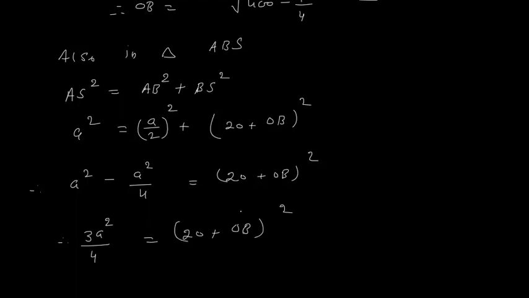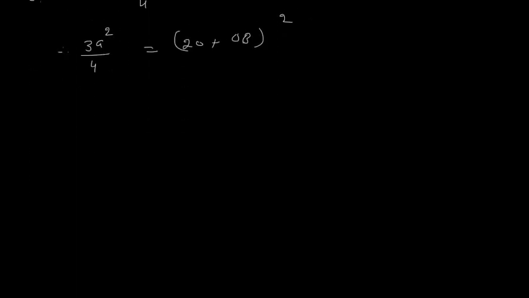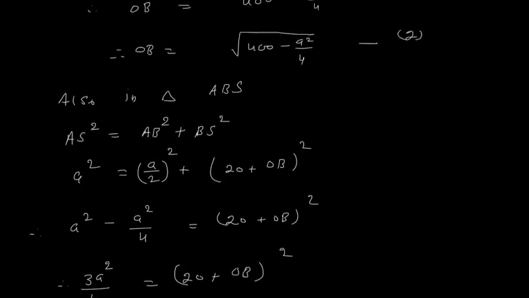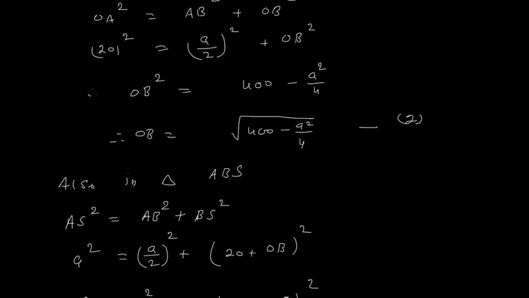So from here, I will take the square root, so 20 plus OB is equal to root 3 divided by 2 A. Now we have got the value of OB as the square root of 400 minus A square upon 4.